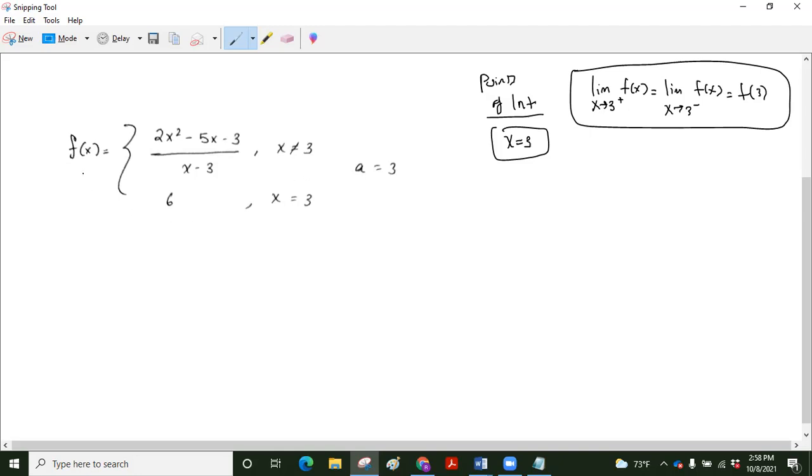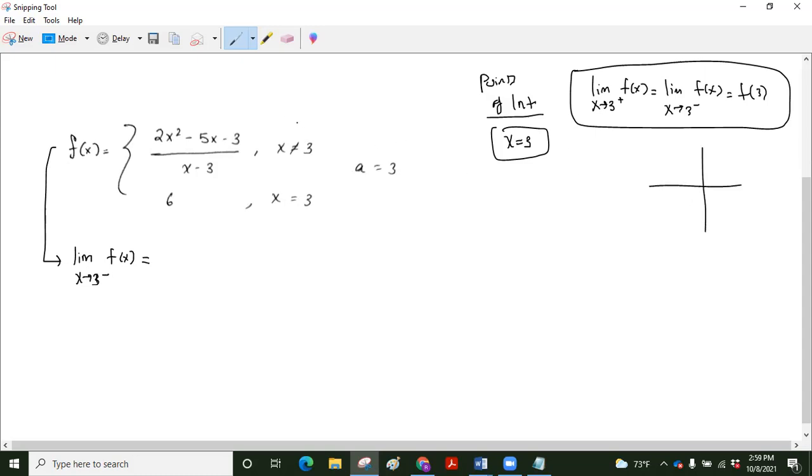So let's check. First, we're going to check what is the limit as x approaches 3 from the left of f of x. As we approach, in this case our point of interest is 3, that means our values are less than 3.